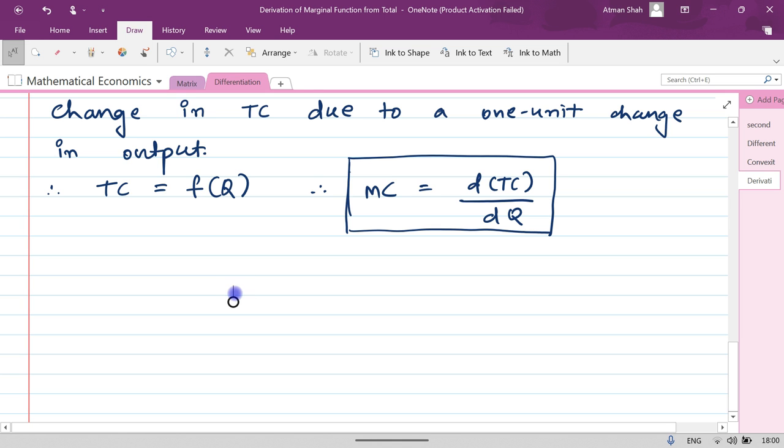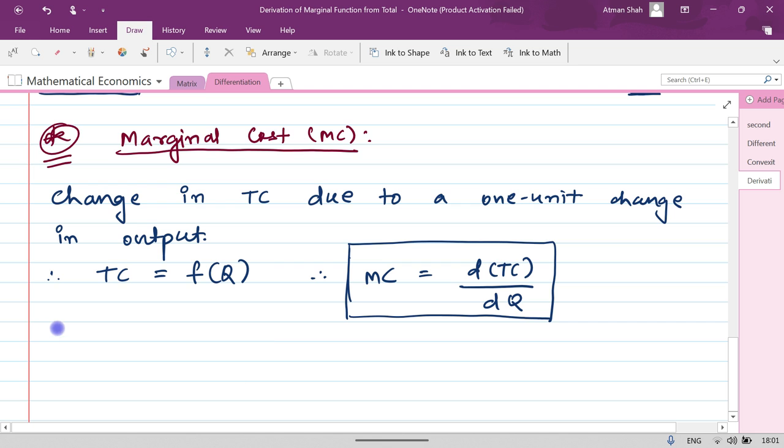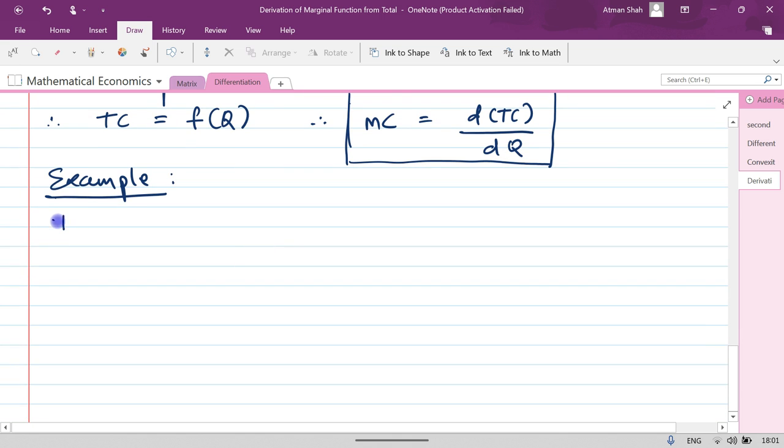Now let's see an example of this. Suppose total cost function TC is equal to Q square plus 5Q plus 50. So now marginal cost is dTC upon dQ.